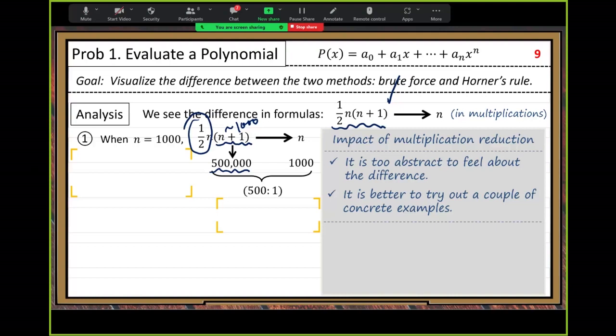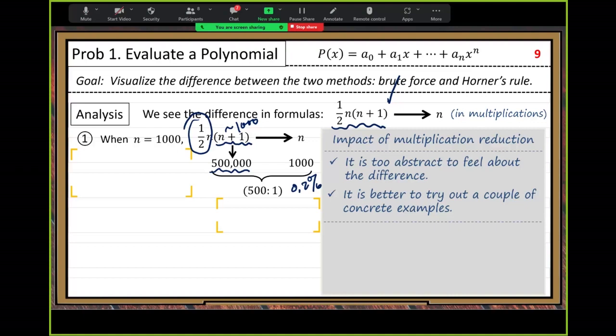That's about 0.2%, approximately 0.2%. Okay? If we use the execution time, that's quite big.